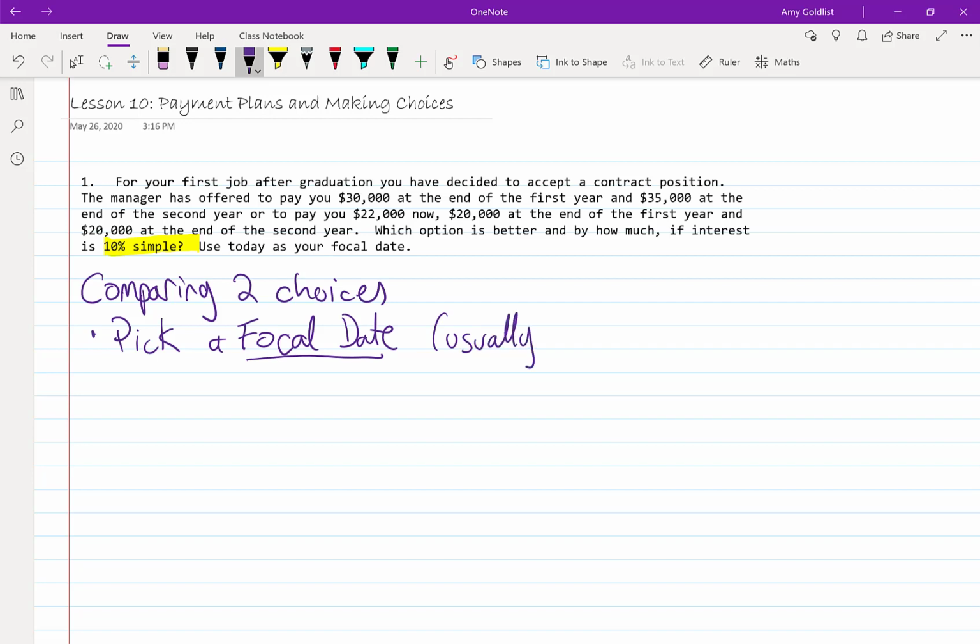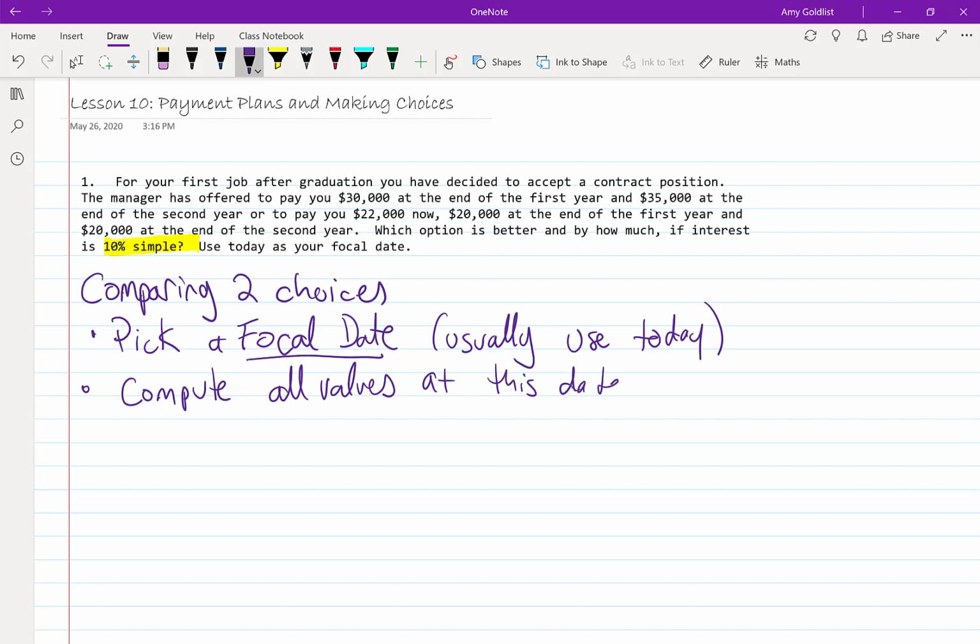Often we use today, because computing it is nice. Then we compute all values at this date, and then we pick the best one. The best one is the one where either we have the most money or we pay the least money, depending on what it is.